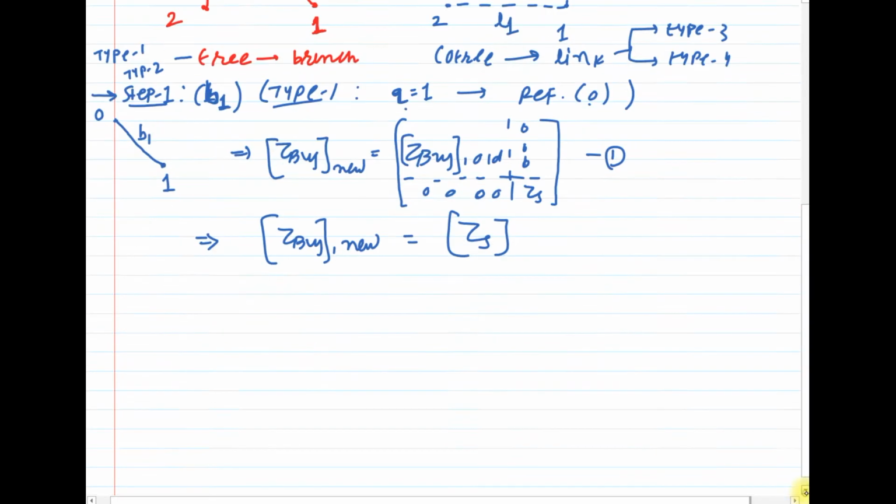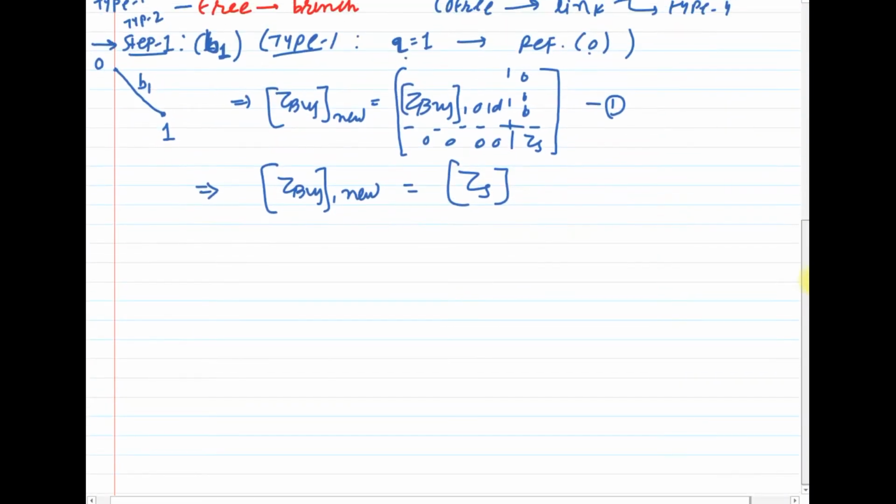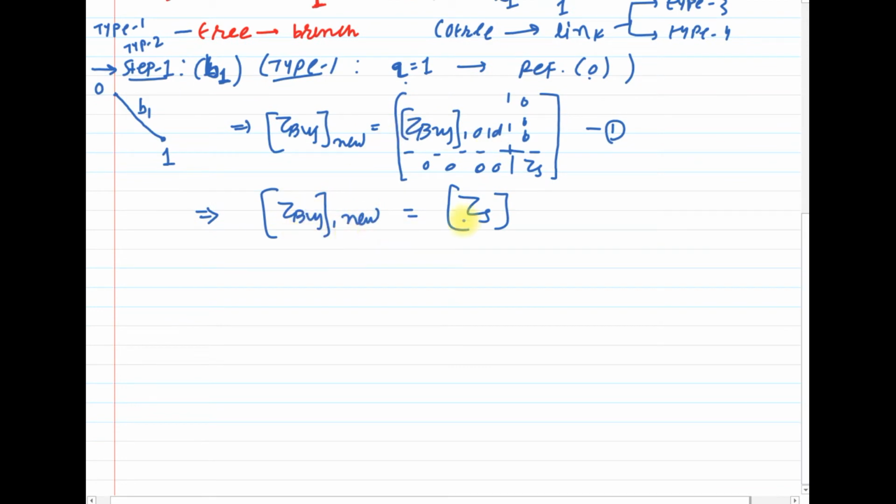So Z bus old is not available, which is why we consider only ZS in our Z bus new. So I can write Z bus new is equal to ZS.